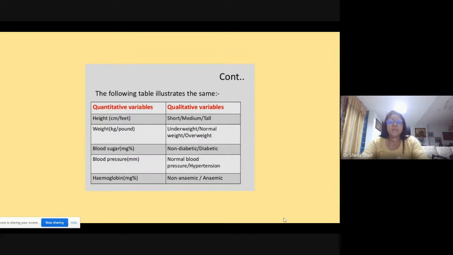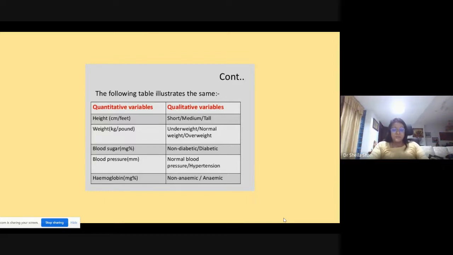So now we look at the table below, which illustrates quantitative variables and qualitative variables. For example, height is a quantitative variable. Weight, blood sugar in milligrams percent, blood pressure, hemoglobin percentage.